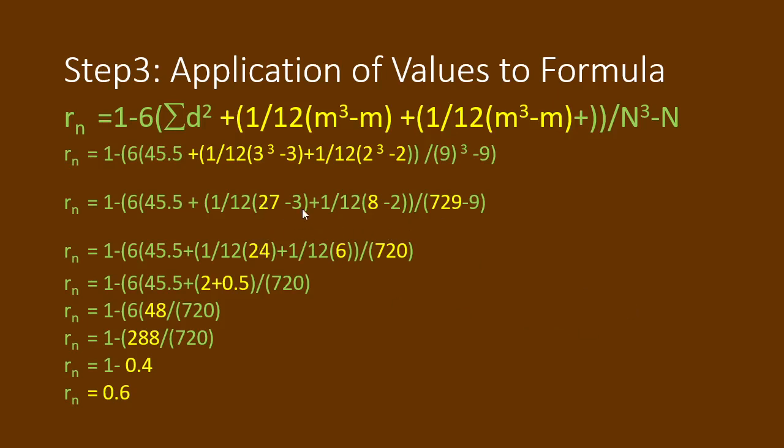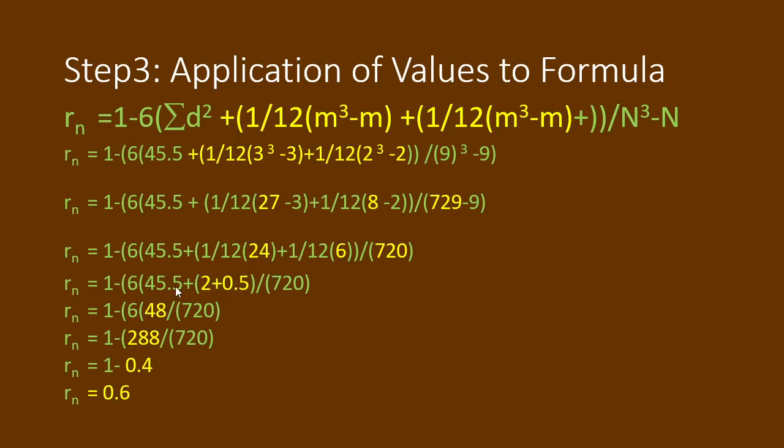So here 27 minus 3 means 24 and 8 minus 2 is 6. 729 minus 9 is 720. And rest of the things are considered same. Again, so here 1 by 12 into 24 is 2 and 1 by 12 into 6 is 0.5. And rest of the things are same.